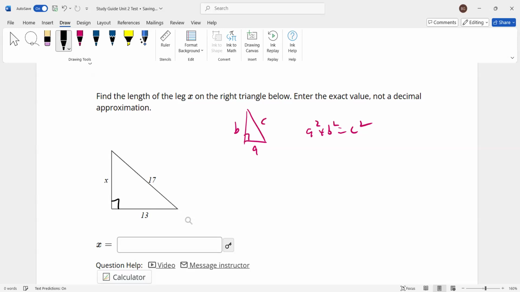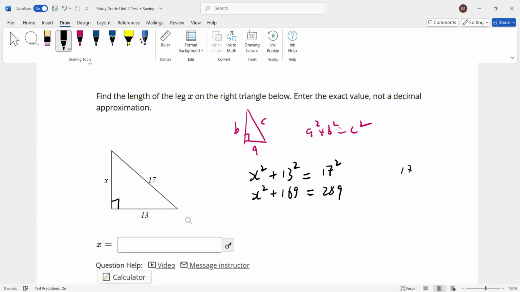The two legs are x and 13. So one leg squared plus another leg squared equals the square of the hypotenuse, 17. And let's see, what is 13 squared? I think it's 169. What is 17 squared?